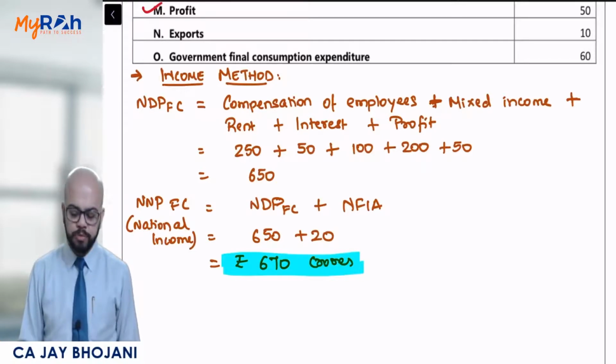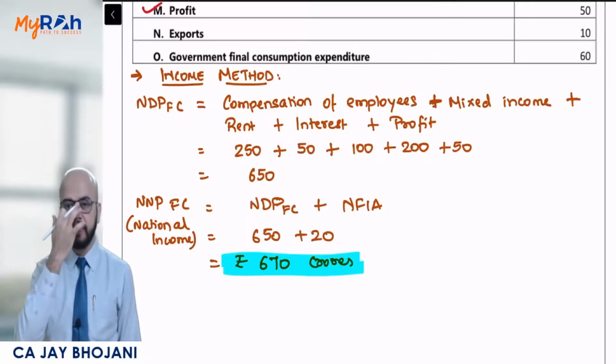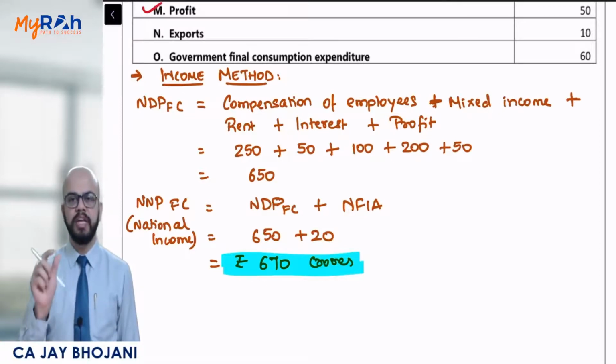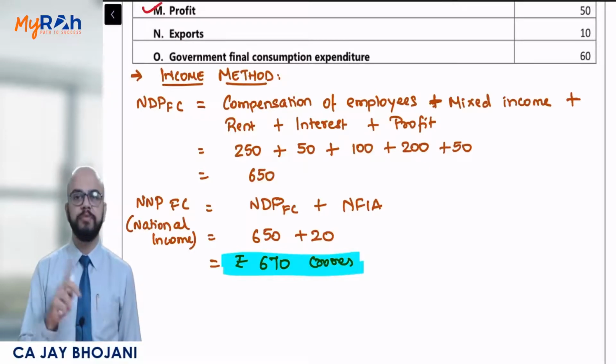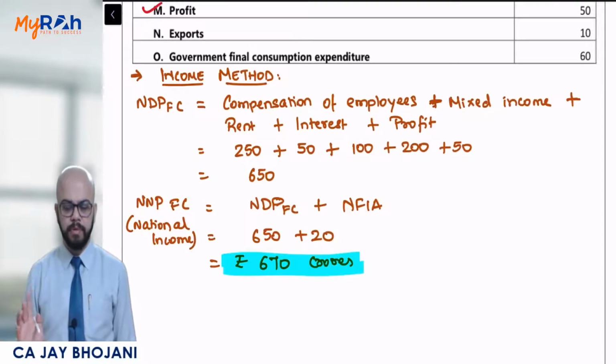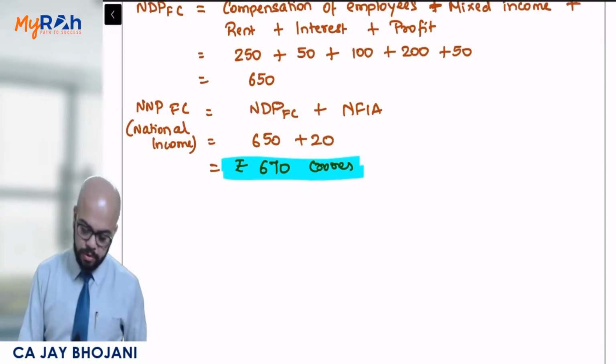So now let's try and understand how we calculate national income by expenditure method. By expenditure method, the first variable that we are able to find out is either GDPMP or NDPMP, depending upon whether we have been given GDCF or NDCF. So let's start with it.